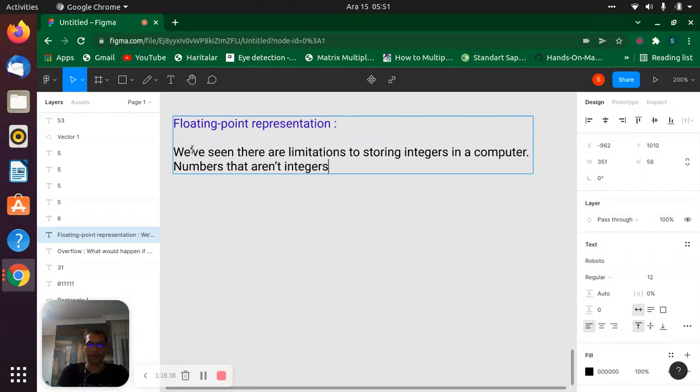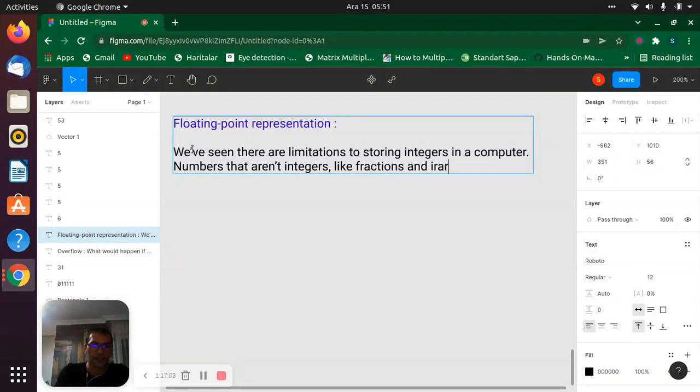Numbers that aren't integers, of course, sometimes like fractions, I mean that, okay? We can represent fractions. It's an important point, but I will explain the whole situation.